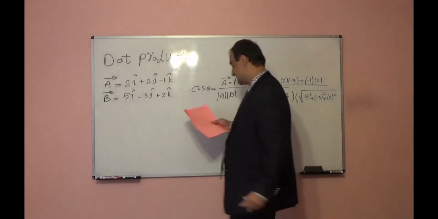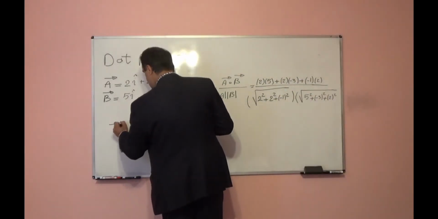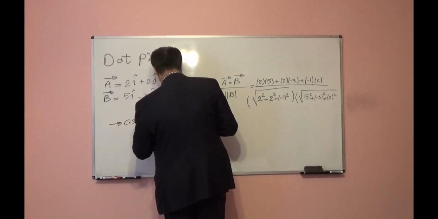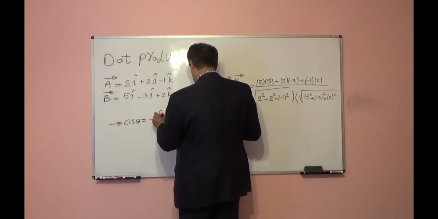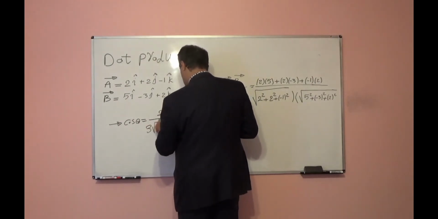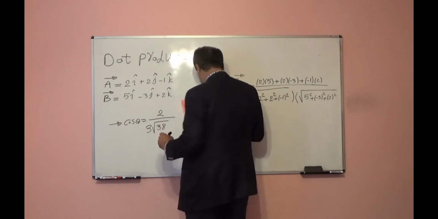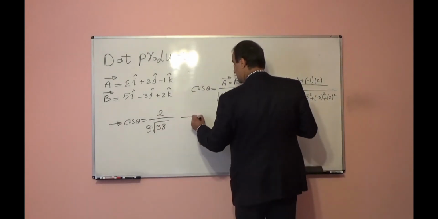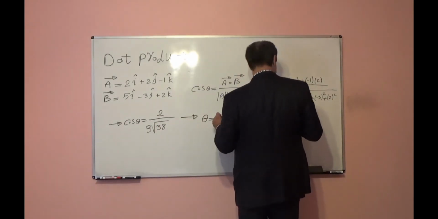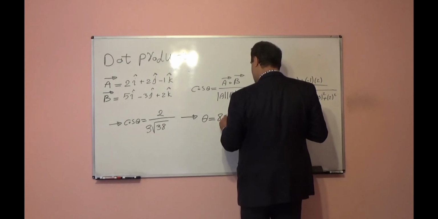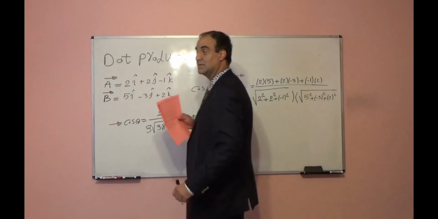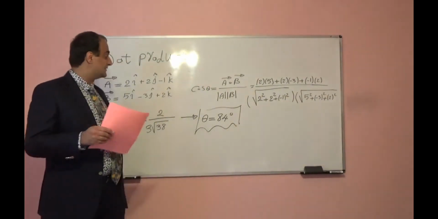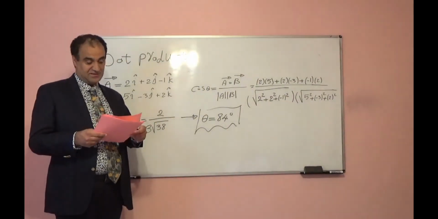From here I can find cosine theta is equal to 2 divided by 3 square root of 38. If you take the inverse cosine, you will find theta is 84 degrees. So the angle between vector A and vector B will be 84 degrees.